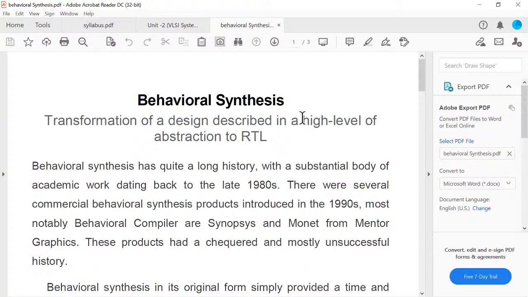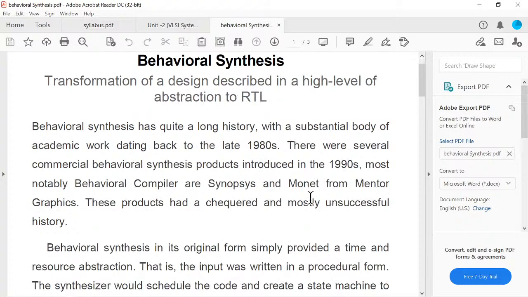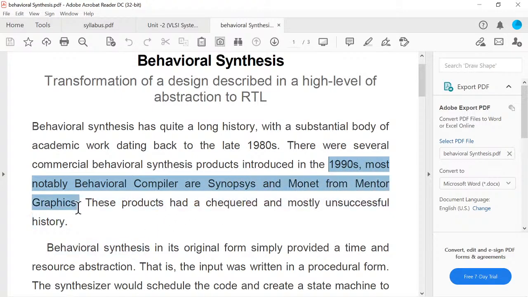Behavioral synthesis is also known as high level synthesis. It mainly started from 1990. One of the companies, Mentor Graphics, used this behavioral design for their commercial chip designing process.